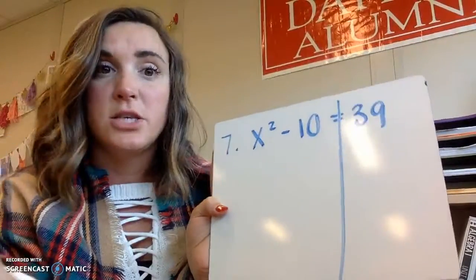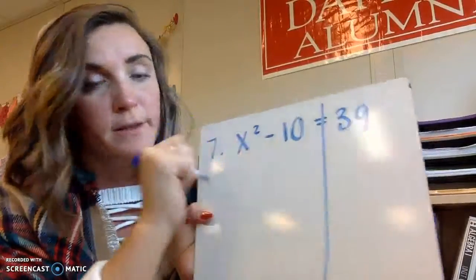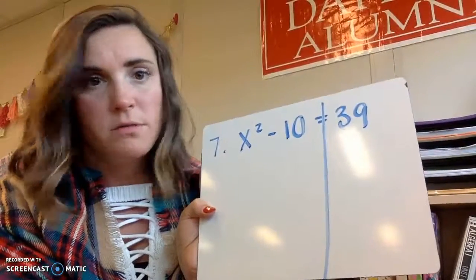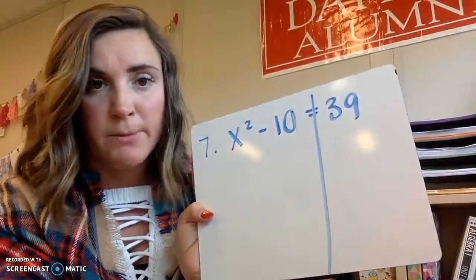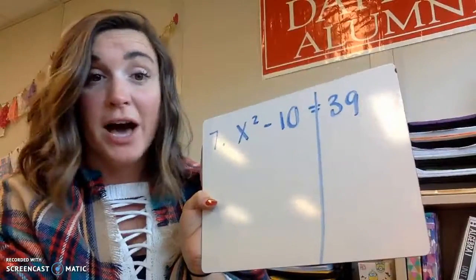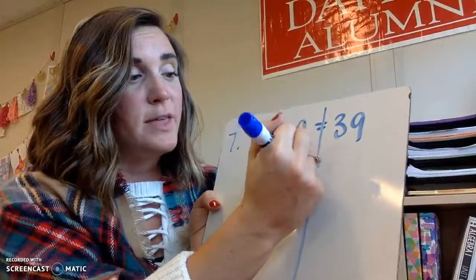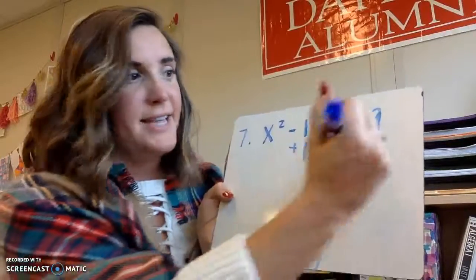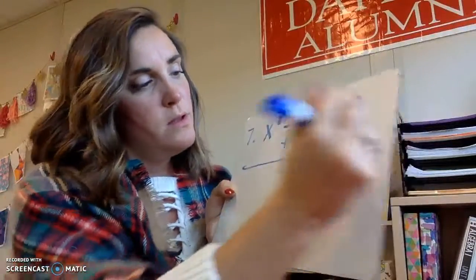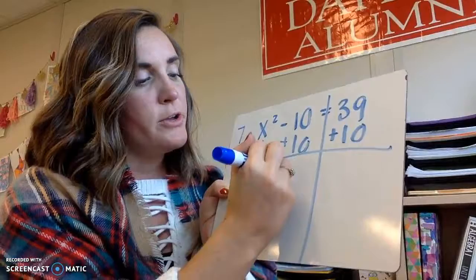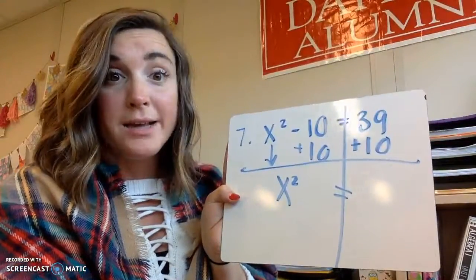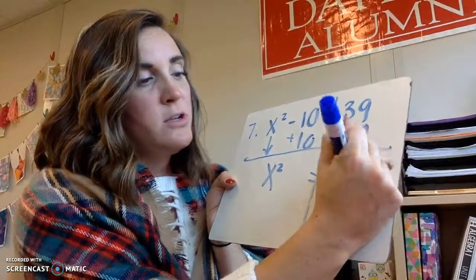So it's you and your little bird hanging out. 10 is your third wheel. We'll say that's the annoying cat that's not leaving the bird alone. So you've got to get rid of the annoying cat. You do the opposite of subtracting 10 and add 10. So you and the little birdie, you're good. The cat went away. x squared equals 49.